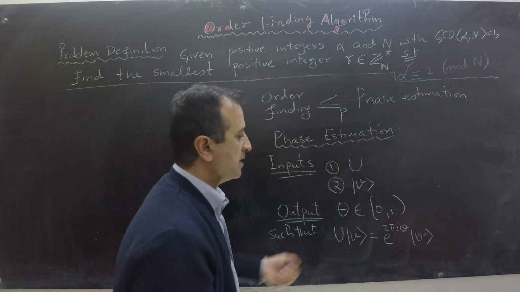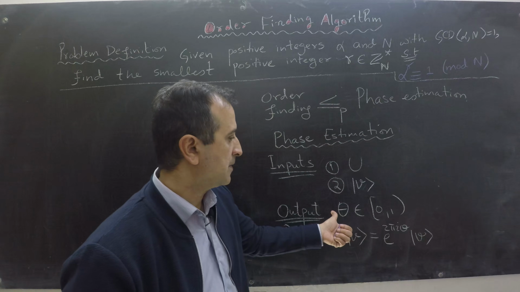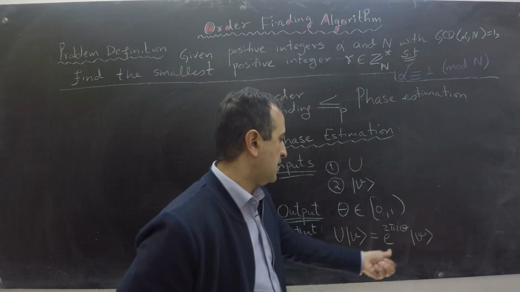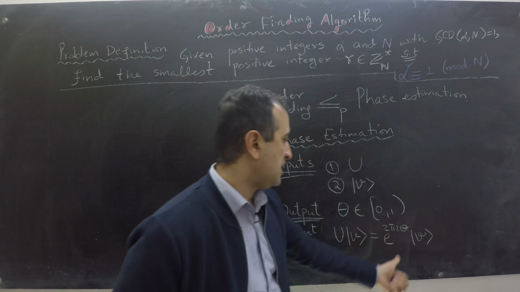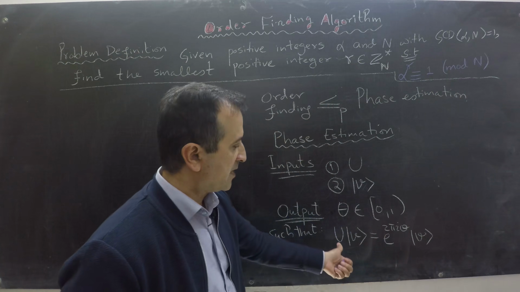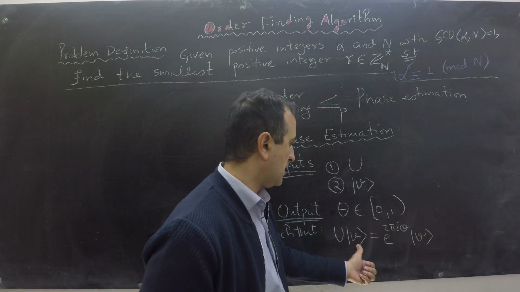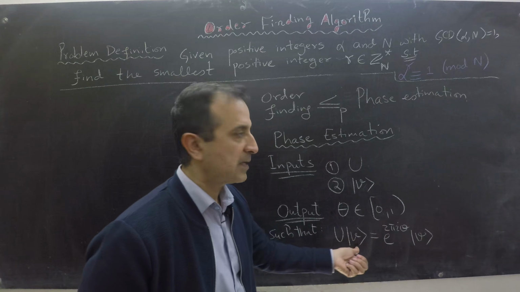So by calculating theta, we can basically find the eigenvalue of unitary matrix U corresponding to eigenvector ket V.